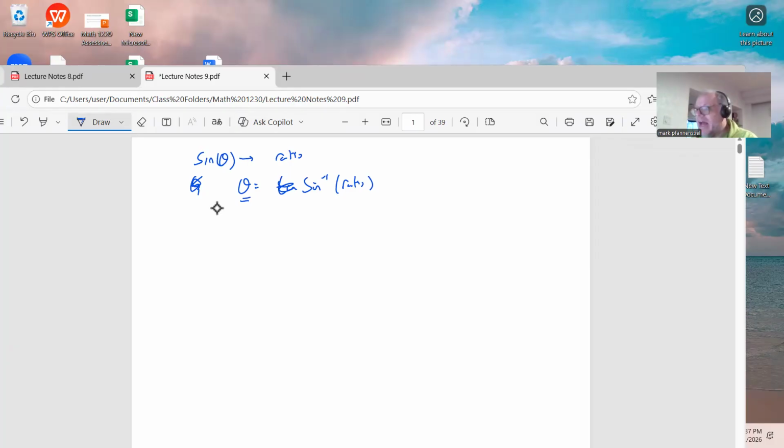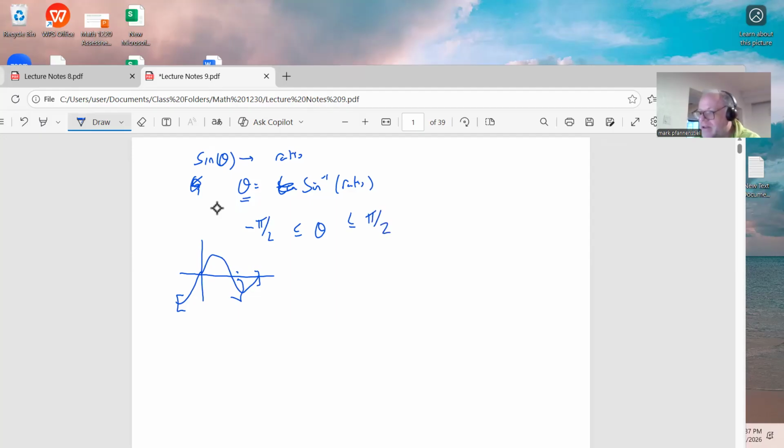Now, these are inverse functions, but we have to remember that the domain of these things is a little bit restricted. For sine, we are going to be looking at between negative pi over 2 and positive pi over 2. So my angle must be between negative pi over 2 and positive pi over 2.